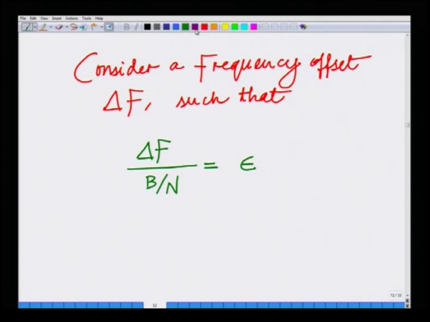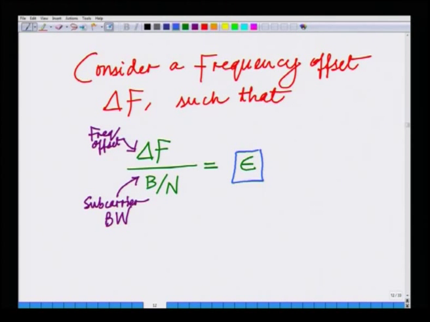That is, this is the frequency offset, and this is the subcarrier bandwidth. Hence, epsilon is nothing but the fraction of the frequency offset with respect to the subcarrier bandwidth. Delta f by B over N is the frequency offset as a fraction of the subcarrier bandwidth. Hence, this is the normalized frequency offset.